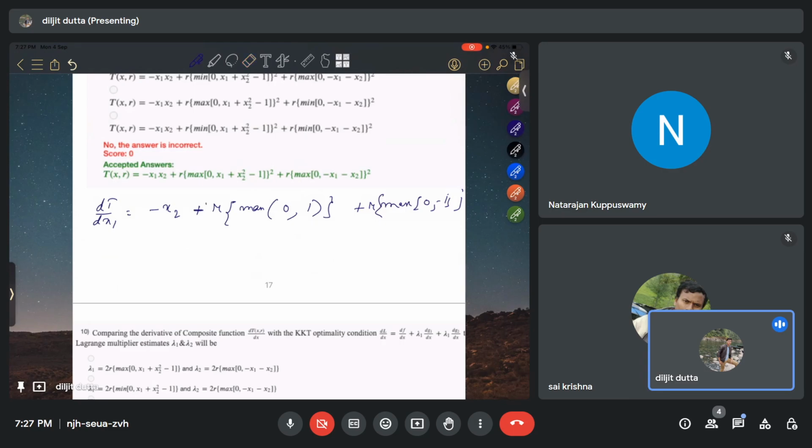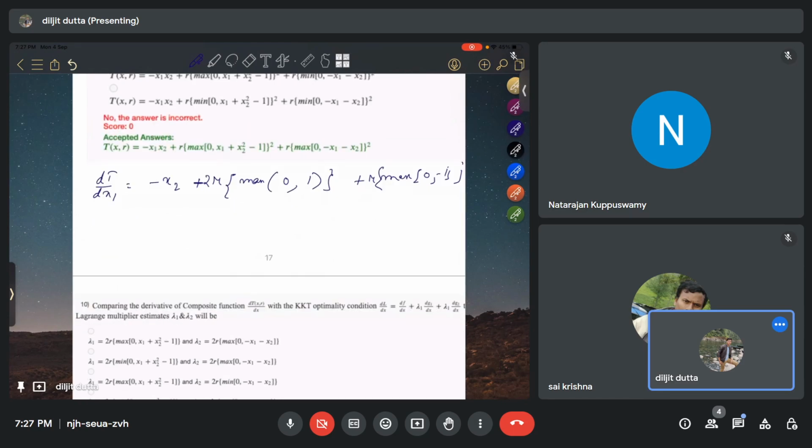We are taking the derivative of the maximum function with respect to the maximum function, and then we are taking the derivative with respect to x1 again, so we'll have 2r, the derivative of the maximum function with respect to the maximum function, so 2 will come in front, and the derivative of that maximum function with respect to x1 will be the maximum of that value only, comma minus x1 minus x2.